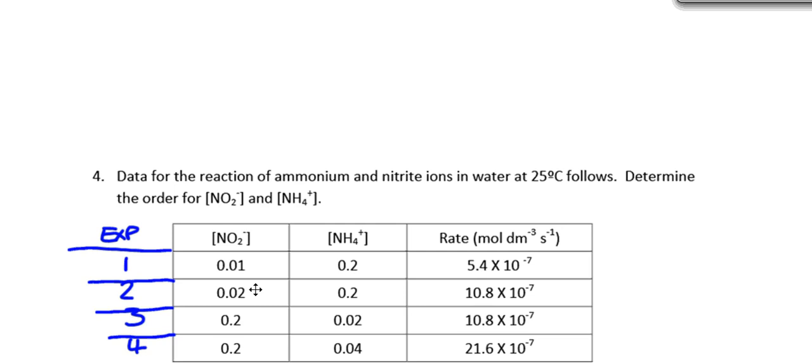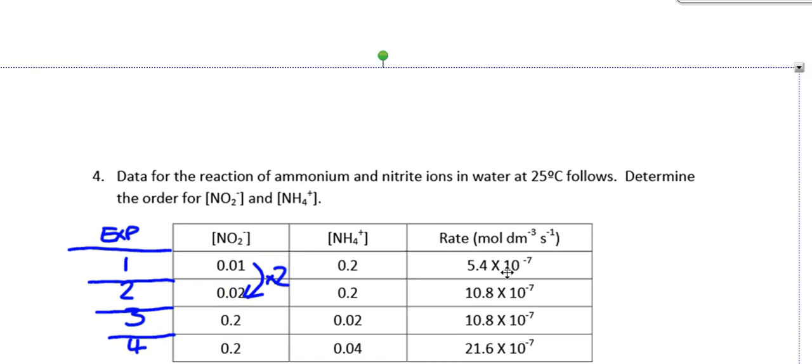So here I can see if I divide 0.02 by 0.01, I'm going to get 2. Don't trust me? Check it on your calculator now if you're not sure. So I'm going to say then, to get from 0.01 to 0.02, I am going to times by 2. Lovely. Now, look at my rate.